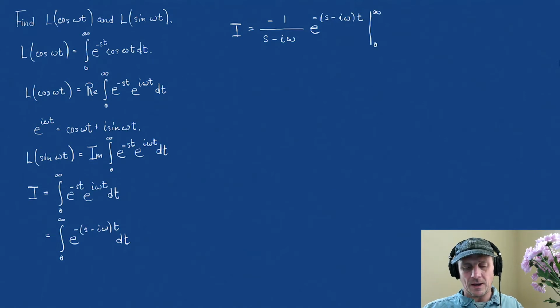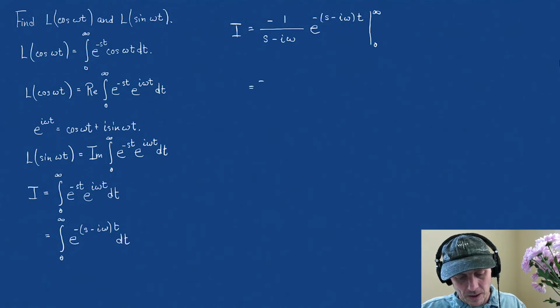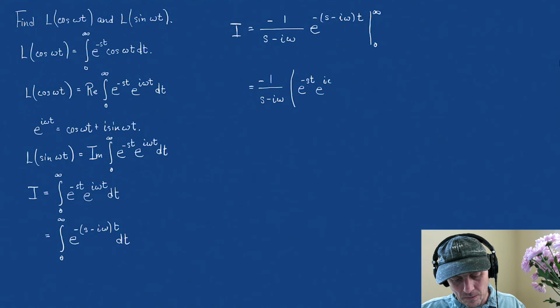Now, the integral seems kind of strange, but I'm going to show you how these limits aren't so difficult. If we think of it this way, minus 1 over s minus I omega times, I'm going to write this in two parts. One of these parts is e to the minus st. The other part is e to the I omega t, evaluated from 0 to infinity.